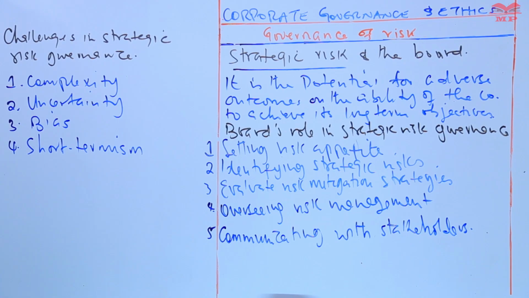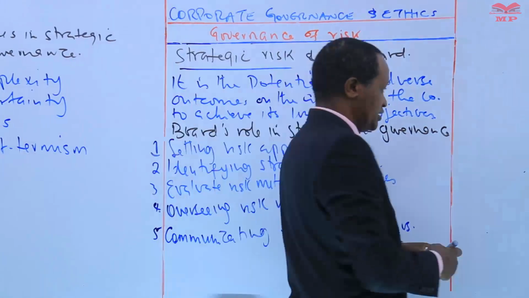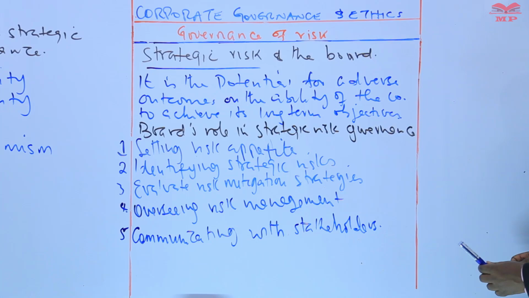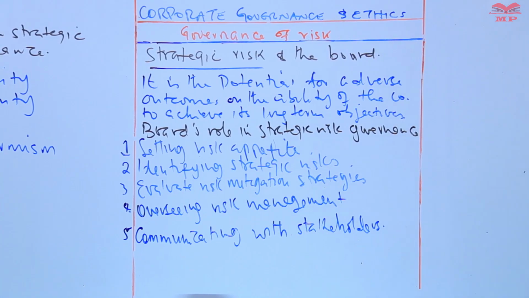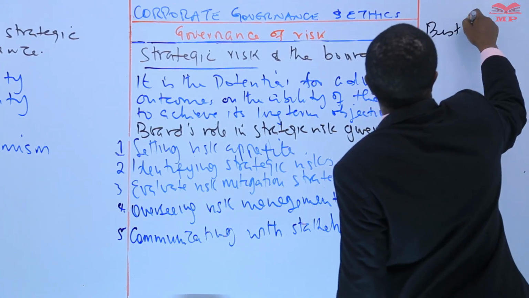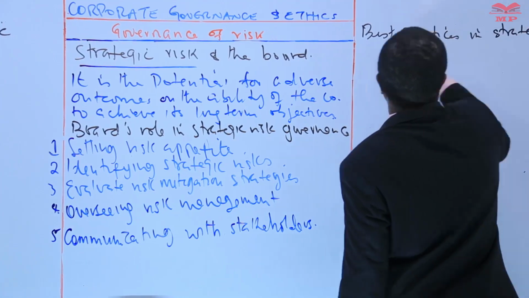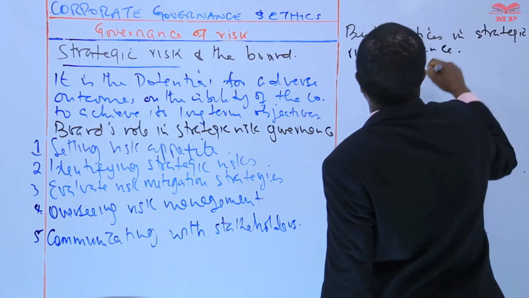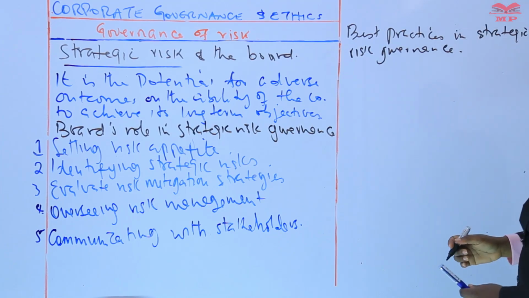So let's now look at some of the best practices. I'll have the best practices on page 3. Best practices in strategic risk governance.